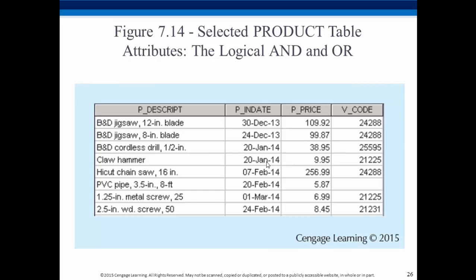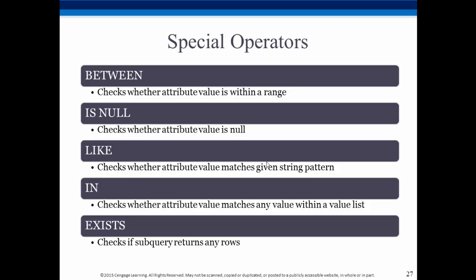Alright, and then we have some special operators. BETWEEN is used to check whether an attribute value is within a range. IS NULL is used to check whether an attribute value is null. LIKE is used to check whether an attribute value matches a given string pattern.